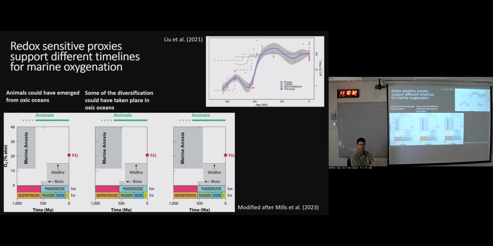Cerium is another redox-sensitive element, and it shows a very sharp rise in the level of oxygen from a few percent to modern values at around 400 million years ago, so well into the Paleozoic, right? Suggesting that maybe these animals or earlier animals evolved in oceans that were mostly suboxic.